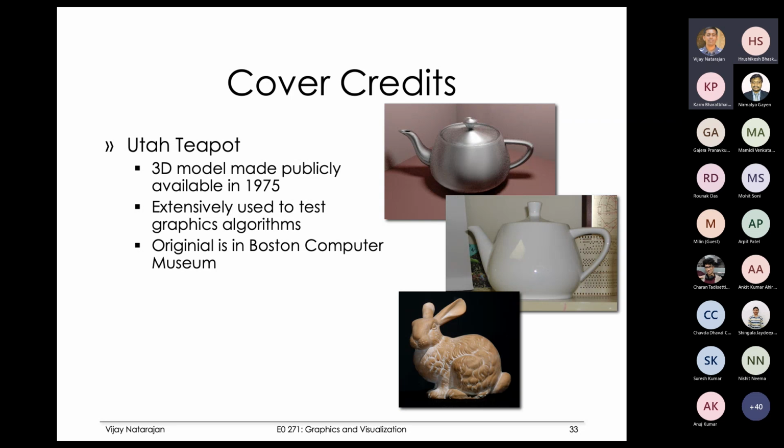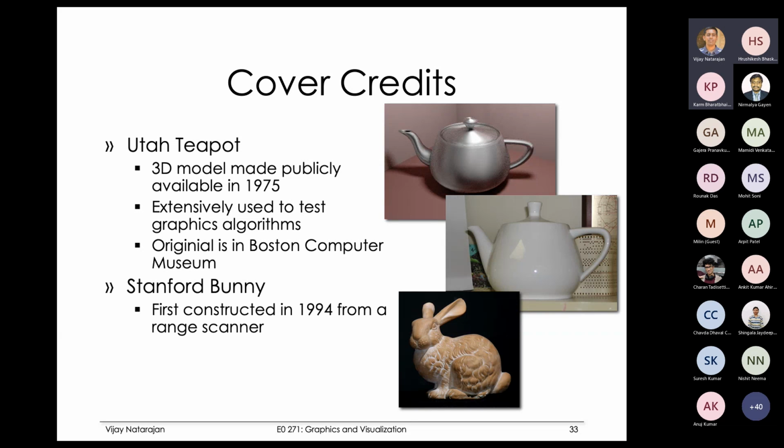The Stanford bunny is a little bit more recent. Like the name suggests, it comes from Stanford, from Mark Levoy and his group, Mark Levoy and Greg Turk, who were first working on a range scanner. You can think of this as the precursor to the Microsoft Kinect or any of the depth scanners that we have in the market now. One of the first depth scanners was developed in 1994 by Mark Levoy's group.